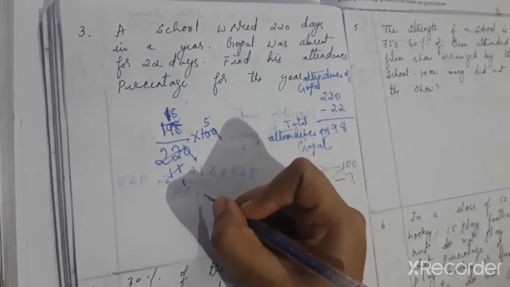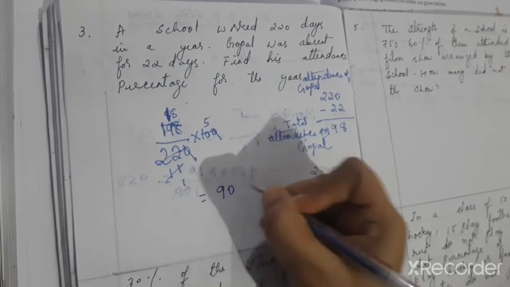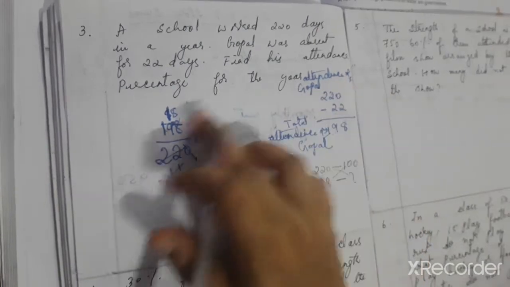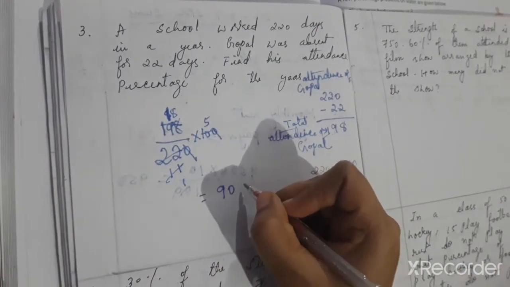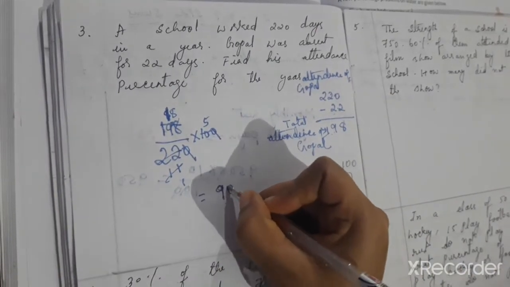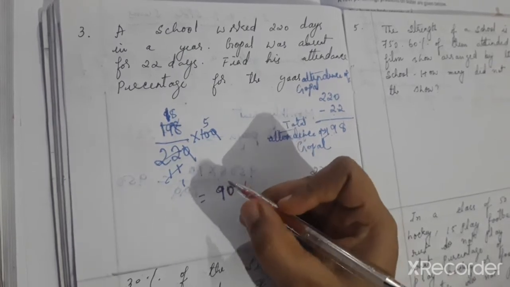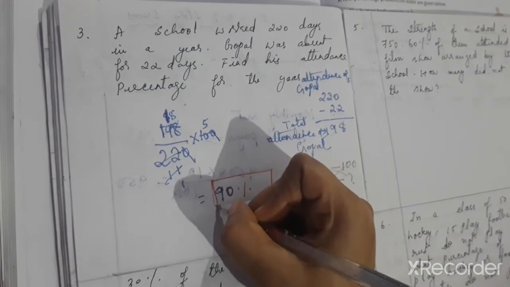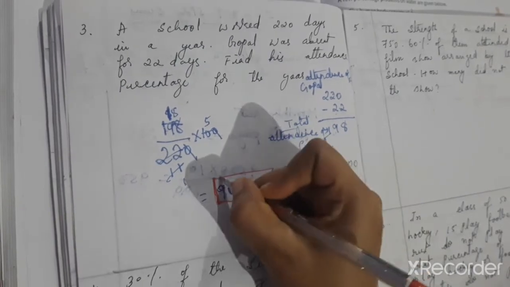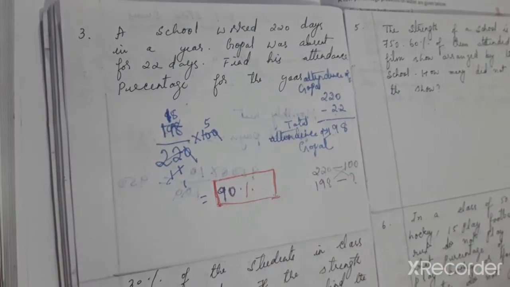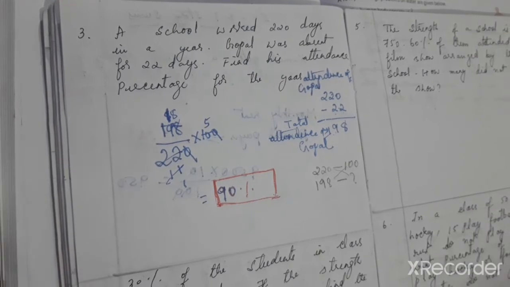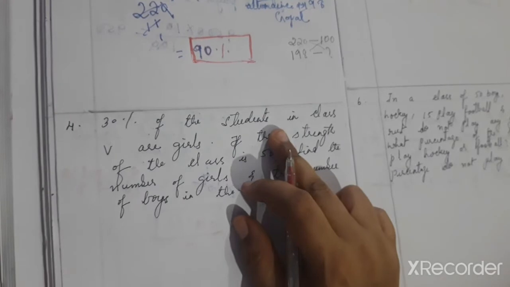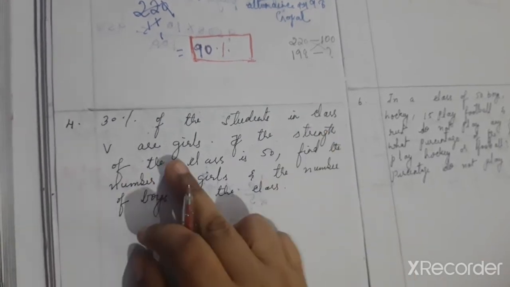Now 18 into 5: 18 fives are 90. So the attendance percentage for the year is 90%. Gopal's attendance percentage is 90%.